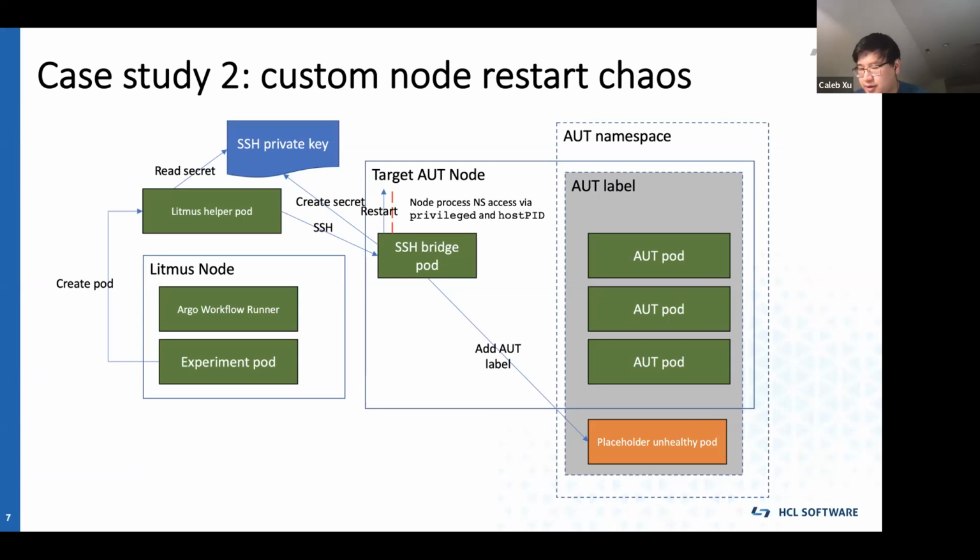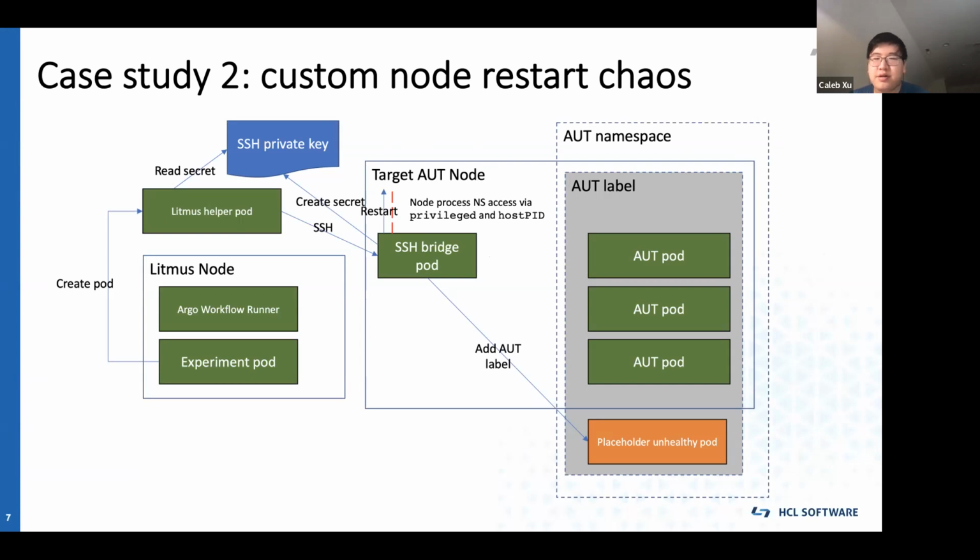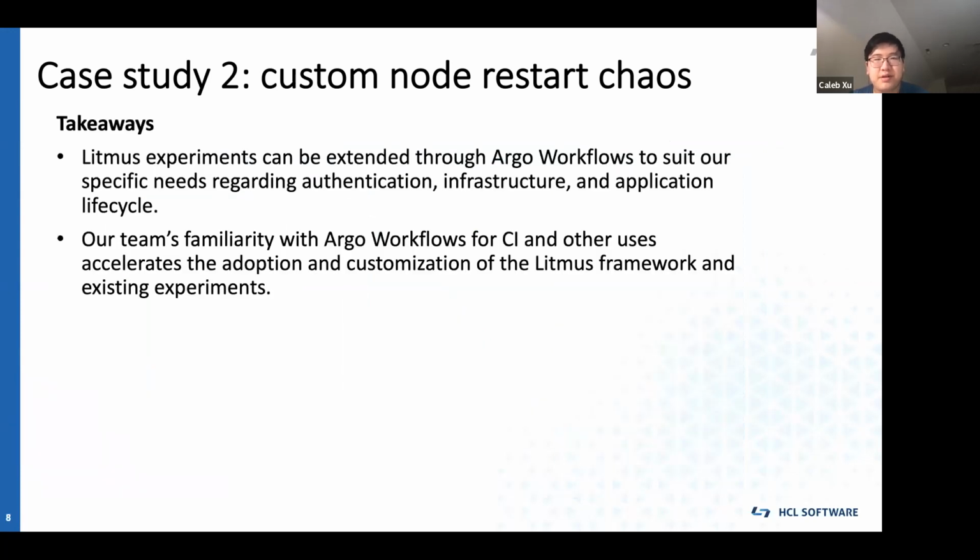Yeah. And I also wanted to talk about the takeaways that we got out of this. So most of this orchestration that you see here is happening with Argo workflows. That's what Litmus uses to drive their automation out of the box. And we found that we can extend the existing experiments through Argo workflows, right?